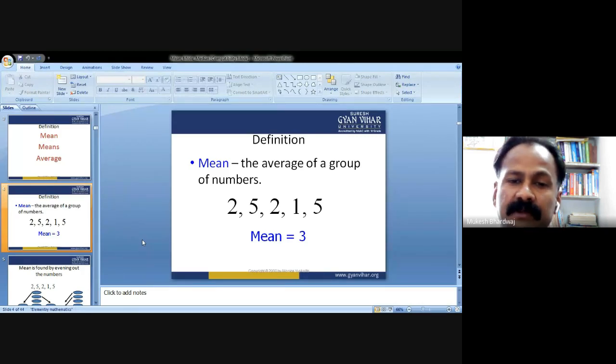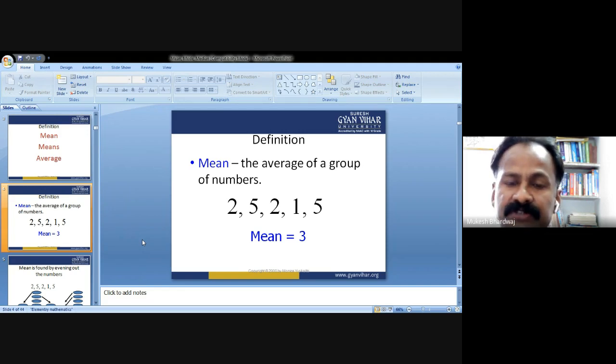Now for example, if some group of numbers is given to you, there are 2, 5, 2, 1, 5. Now he is asking what is the average of the group of numbers given to you, or what is the mean of the numbers given to you. First of all, you do the addition of all these numbers. How many numbers are provided in front of you? 2, 5, 2, 1, 5. That means a total of 5 numbers are provided.